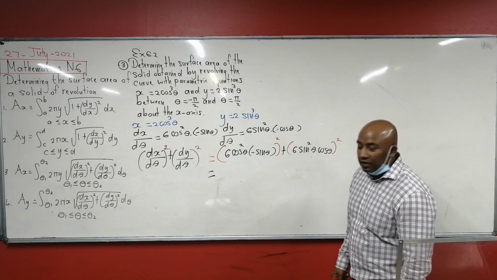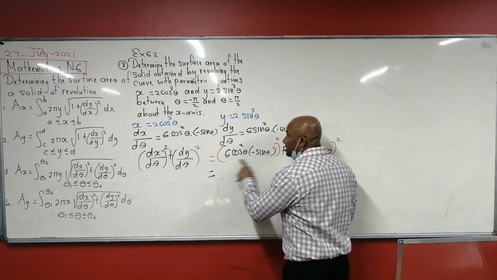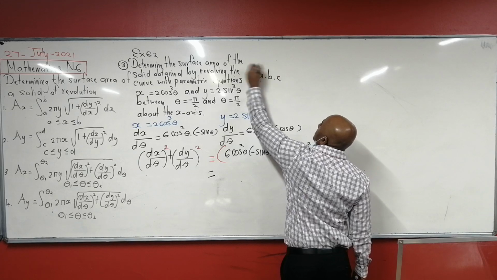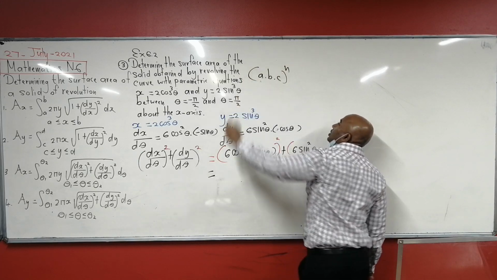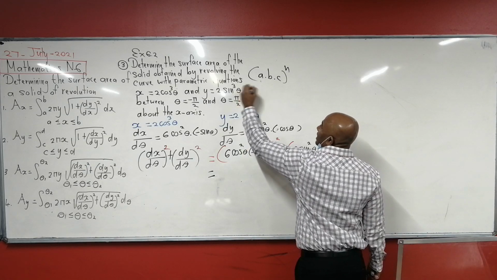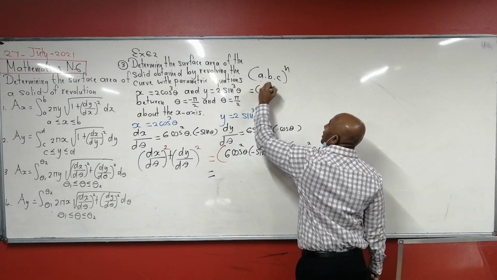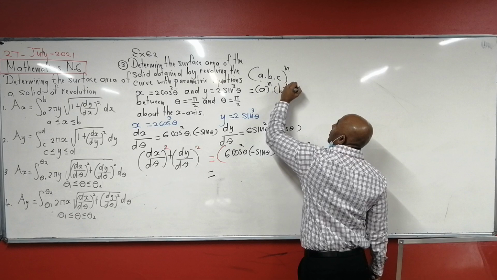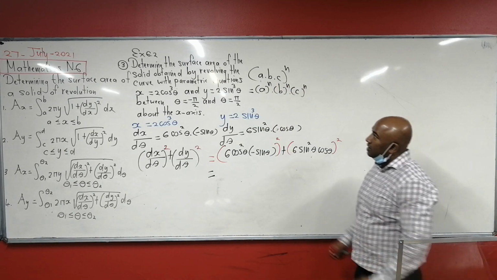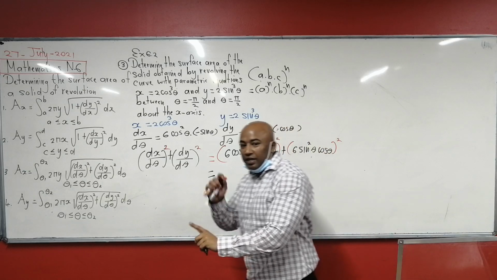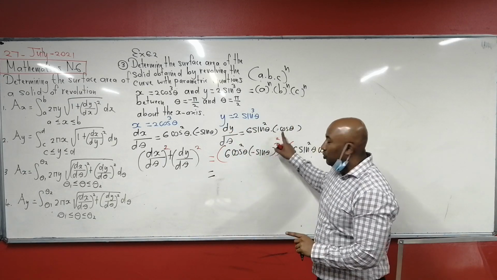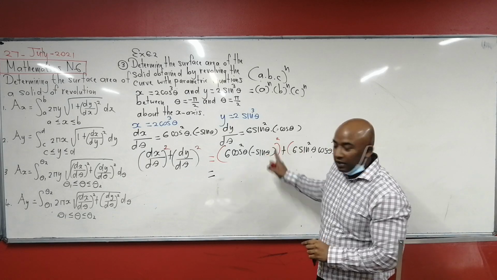Now, exponent laws. When you are squaring something, so if I got a times b times c, all raised to the power n, this can be written as a to the power n times b to the power n times c to the power n. Apply your exponent law. That means if it's multiplication, every single factor will be affected by the power.